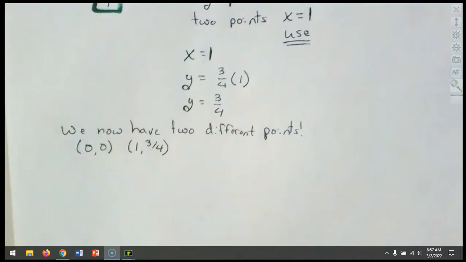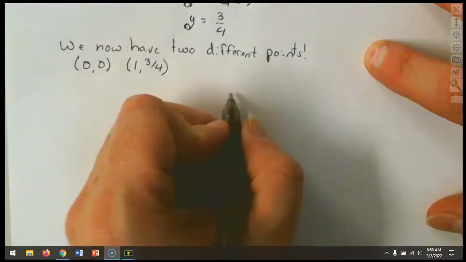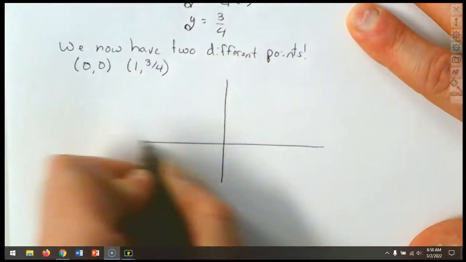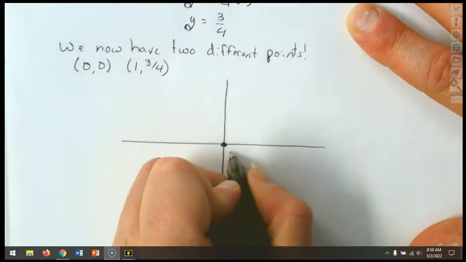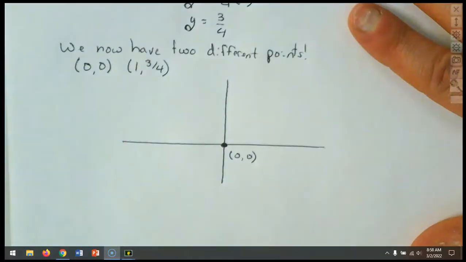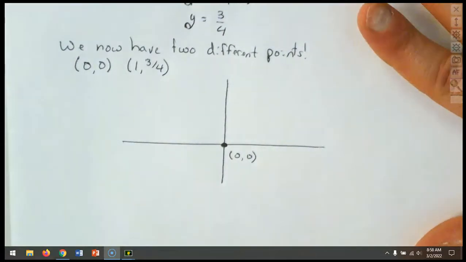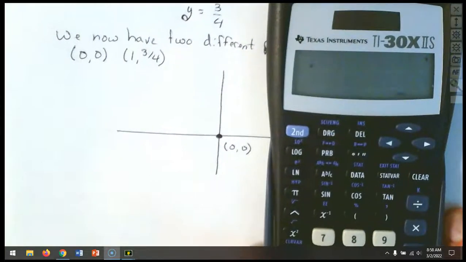So we've got our 2 different points. We've got 0, 0, which is right here. That's your origin. And then we've got 1, 3/4. Now, what do we know about 3/4? Well, if we want to try to graph a fraction, we figure out what the decimal equivalent is, and we just kind of estimate where it belongs.